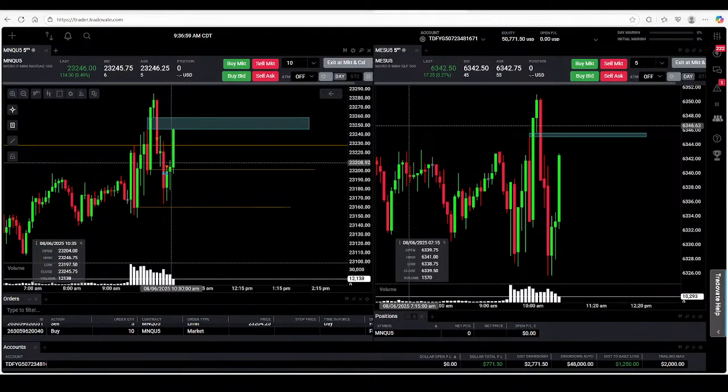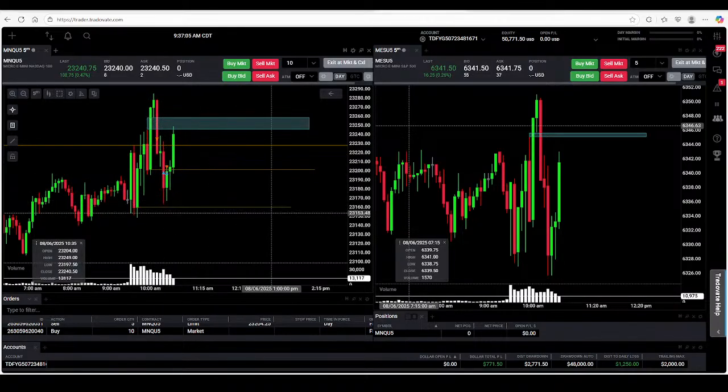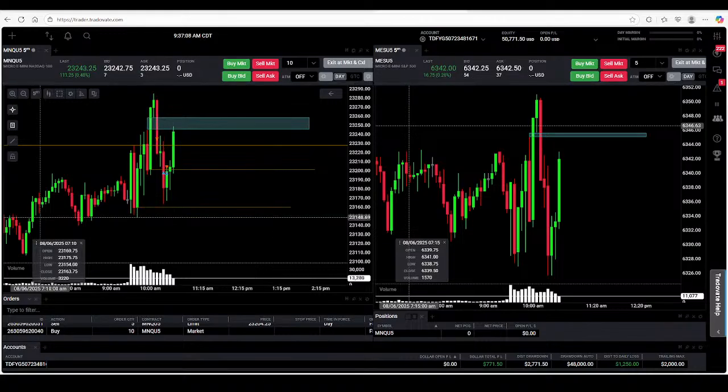This is why we have our stops. We managed this trade correctly. We trailed down. The only thing I wish we would have done better is to have gotten a trim. And you can see just what I was talking about here.